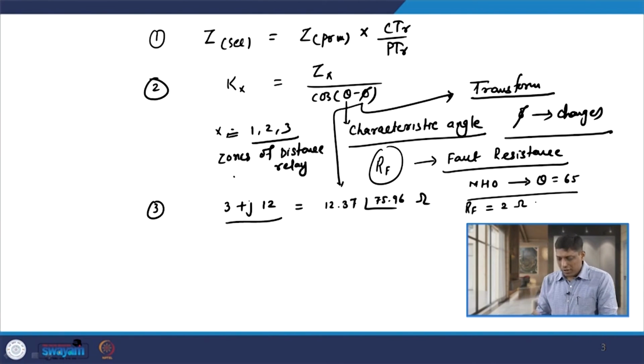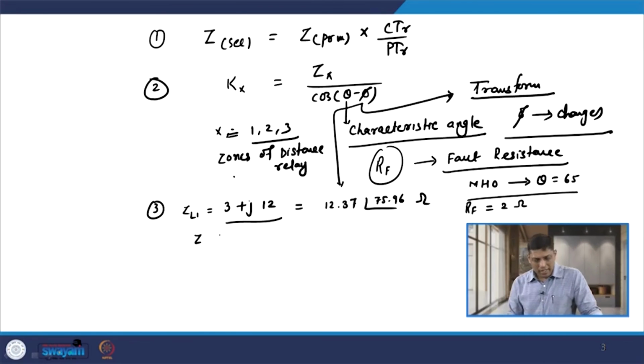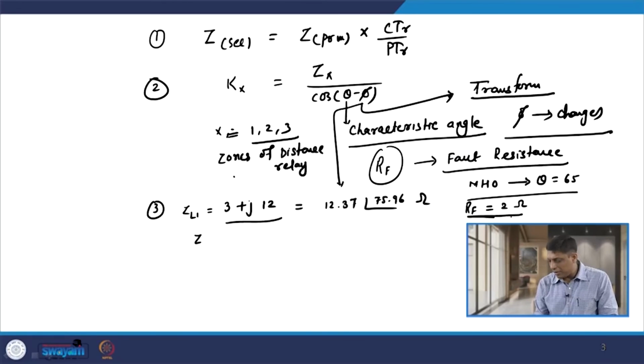So, this is your ZL1. Whenever I calculate the value, I need to calculate the value of my primary impedance again, and whenever I include this primary impedance, we also need to consider the value of RF in that.